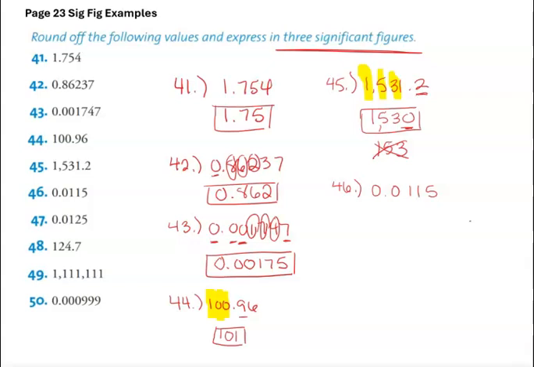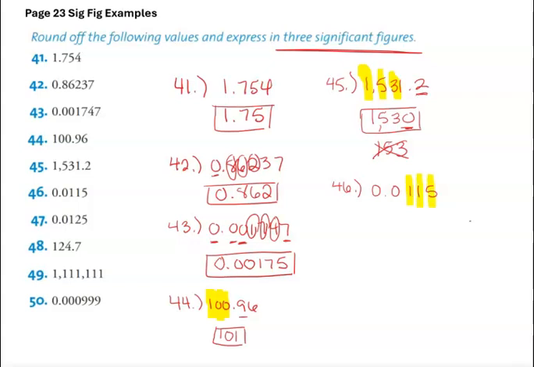For 46, we've got 0.0115. We've got zeros both on the right and to the left of the decimal. But those zeros are both not going to be significant because we don't have any non-zero numbers in front of them. So our three significant figures are going to be our 1 and our 1 and our 5.